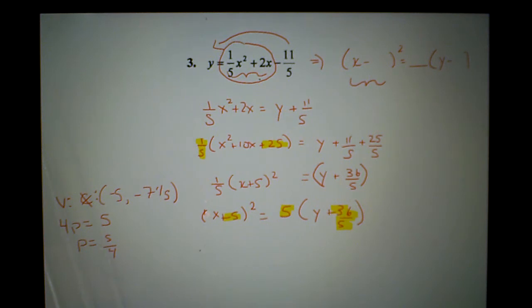So now let's graph this one. Kind of sad axes, right? So my vertex is at -5, -7-ish.